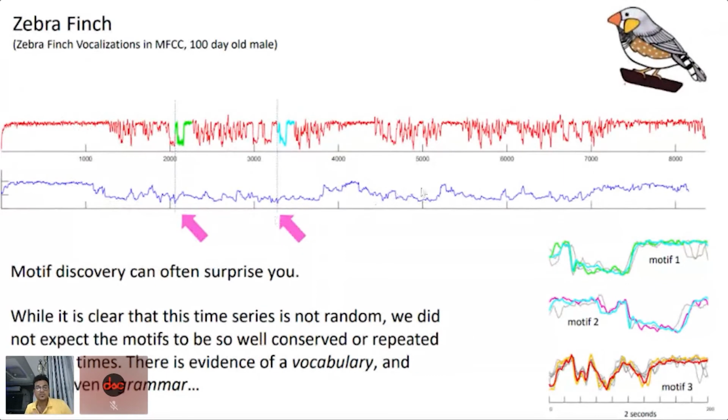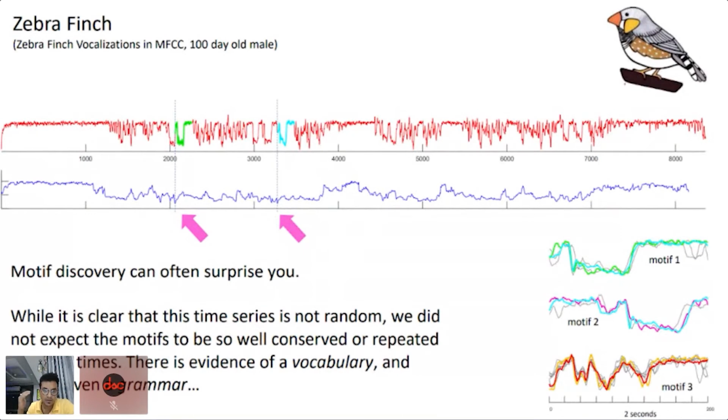Now, the interesting thing that they found out was that it is clear that this time series is not random. We did not expect the motif to be so well conserved or repeated so many times. This is evidence of a vocabulary and maybe even a grammar, which means that this is not just random anything that they are saying. There is definitely a pattern in there, and whenever there is a pattern, it means that some things are repeated in a way.